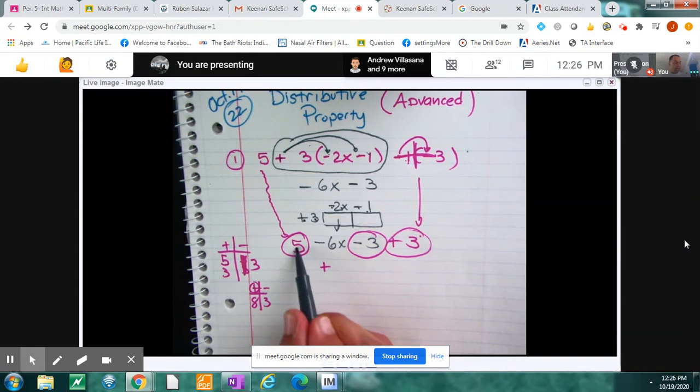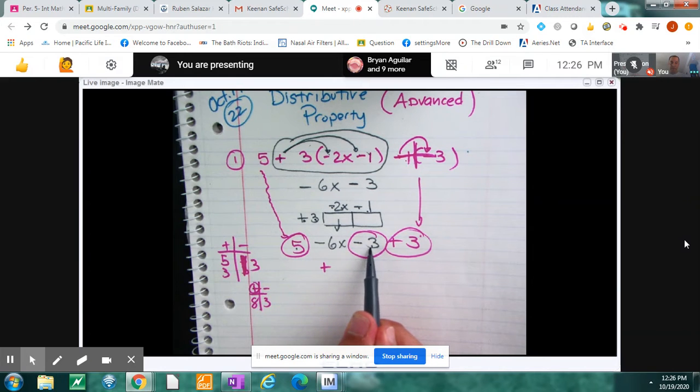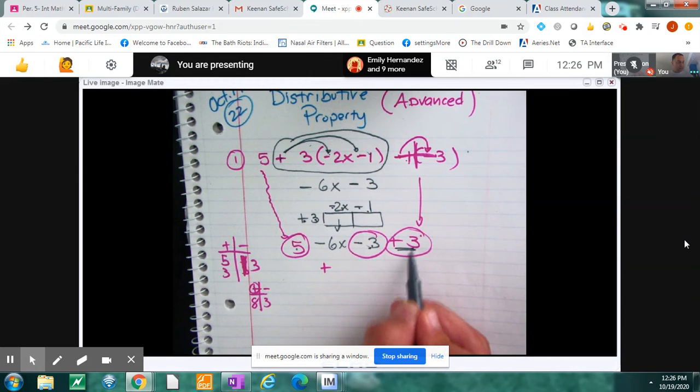So what's 5 take away 3? 5 take away 3 is not 5. If you have $5 and you take away $3, 2, okay. And then 2 plus 3? Right, so you have 5.